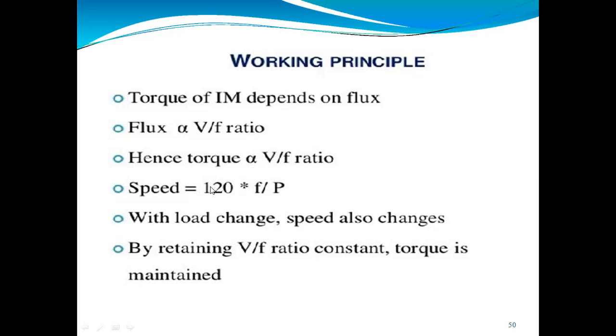So here we can regulate its speed, and if we are not changing any value of V by F, and we are changing the value of load, then we can change the speed, because we are supposed to maintain the V by F ratio constant, and torque depends on that. So we can get the value of torque constant.